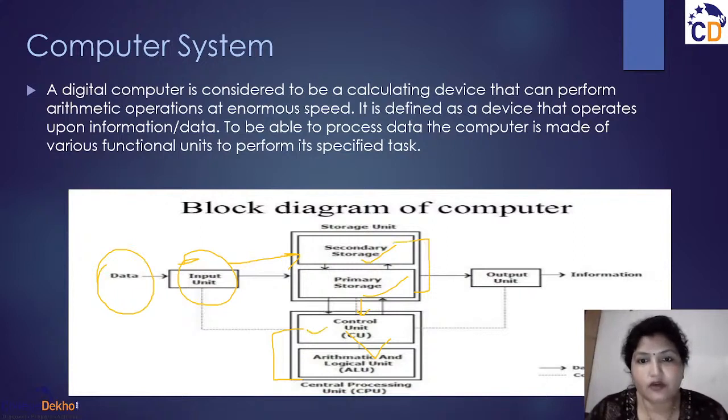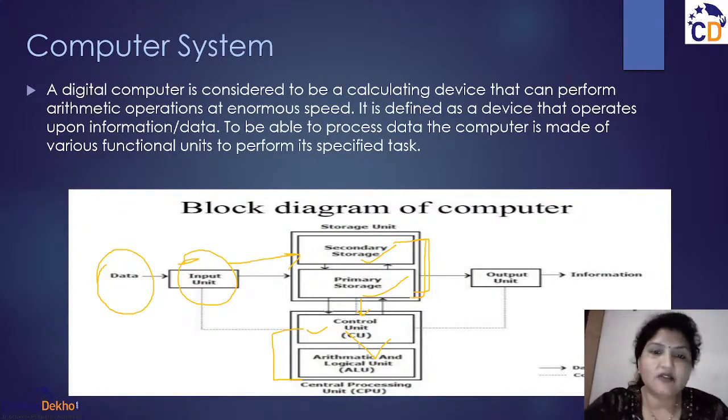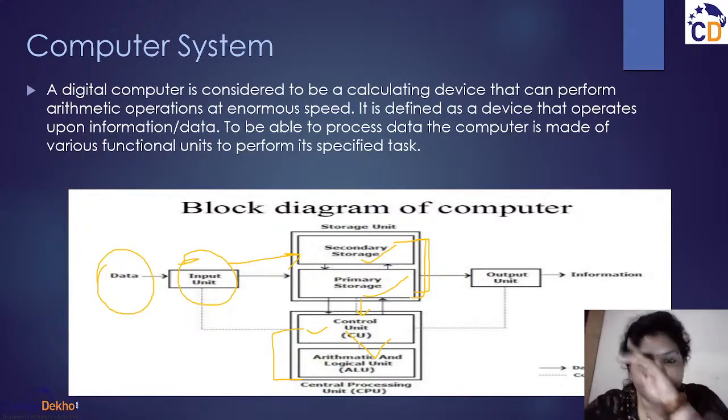The memory unit, or storage unit, consists of two types of memory or storage. You may have an optional storage also, and in most systems nowadays there is another one, which we call cache memory, right? So we can call our primary storage the main memory.